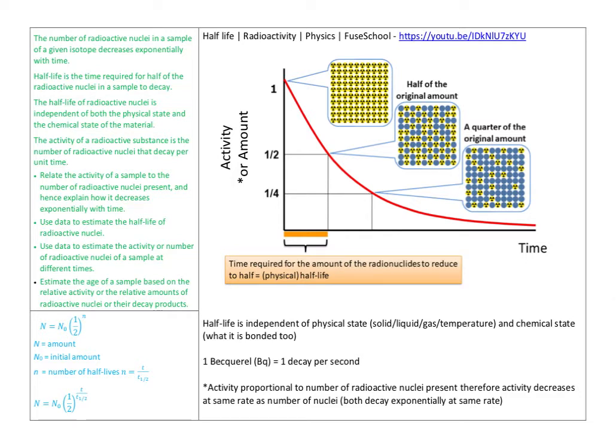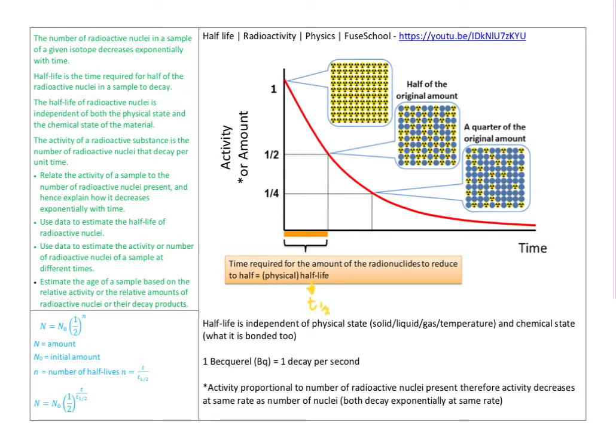So the time to go from 200 to 100 is the same as the time to go from 100 to 50, which is the same as the time to go from 50 to 25. And we call that time the half-life, and we often give that the symbol T with a little subscript half for half-life.